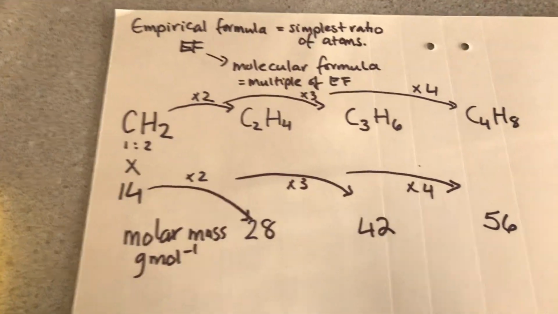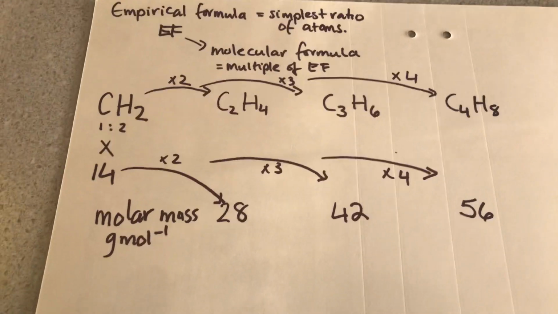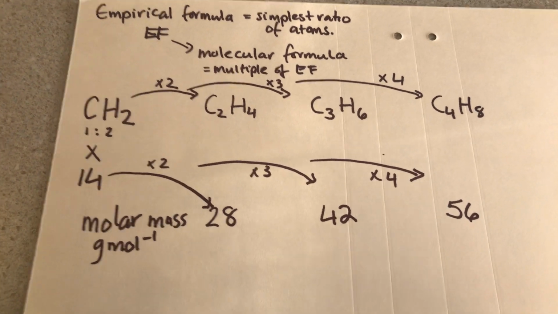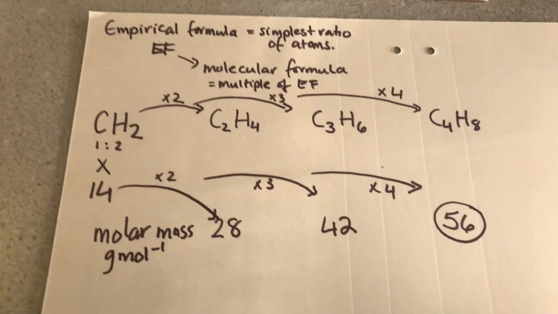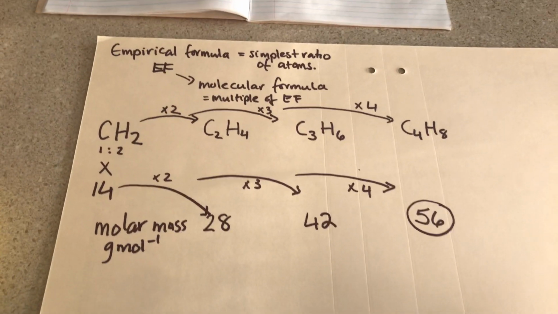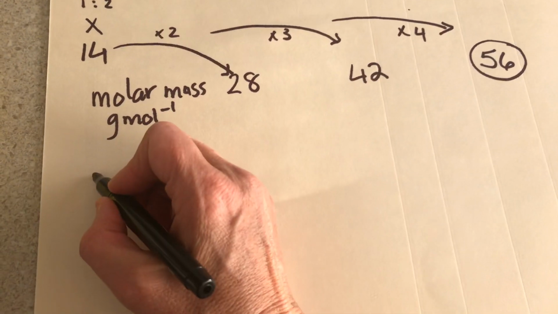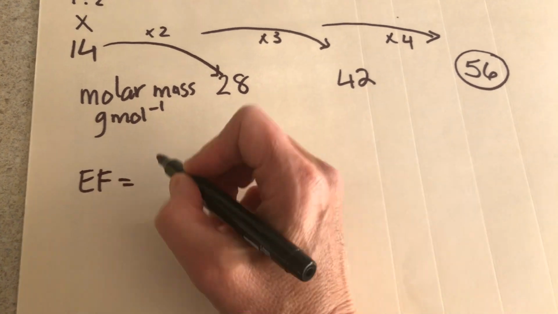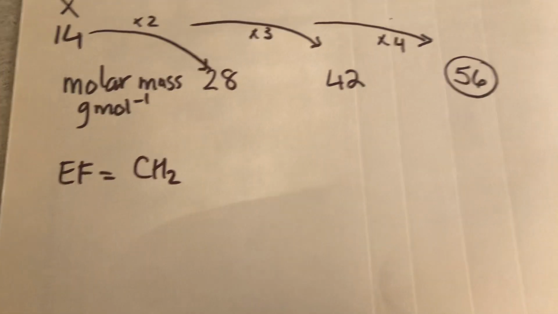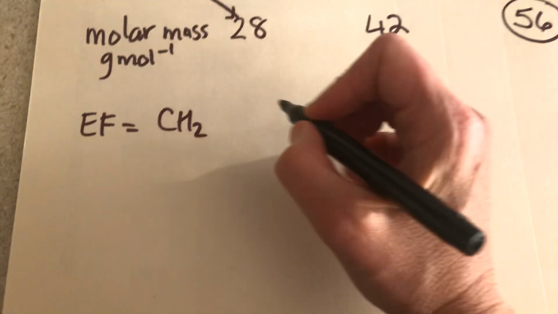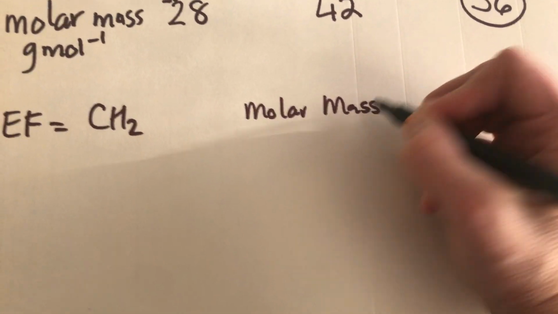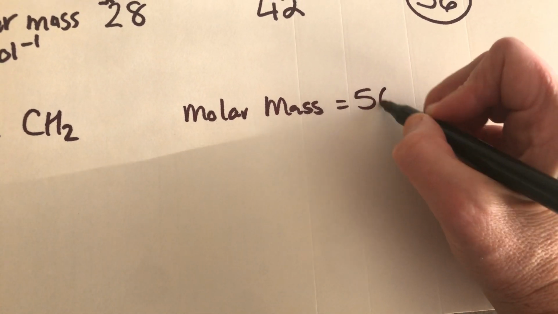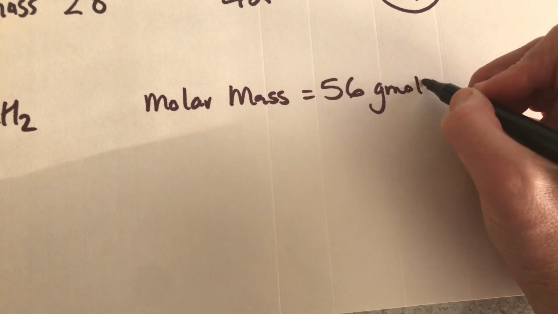Right, so let's just say, for argument's sake, that we were given 56 grams per mole as our molar mass. So the question would say the empirical formula is CH2, and somehow, we'll learn this later, we know that the molar mass of the actual substance is 56 grams per mole.